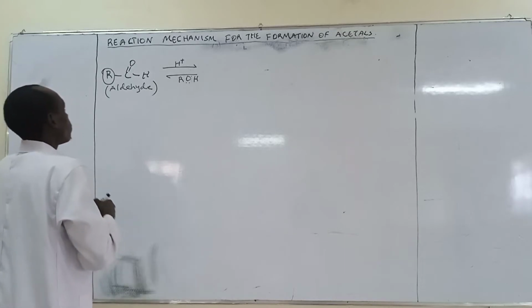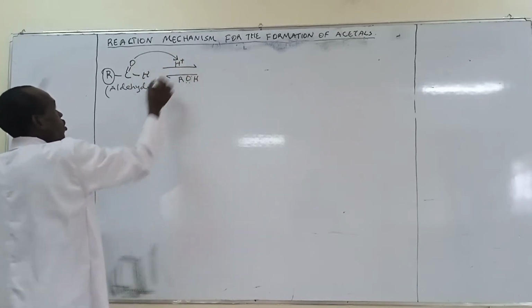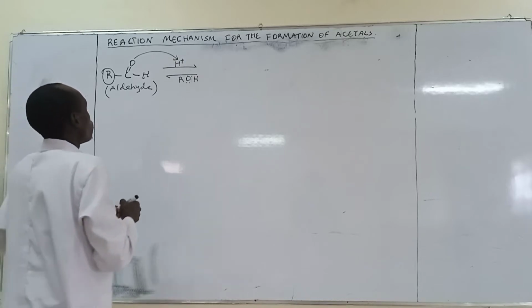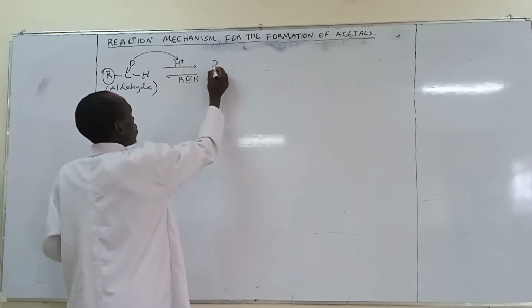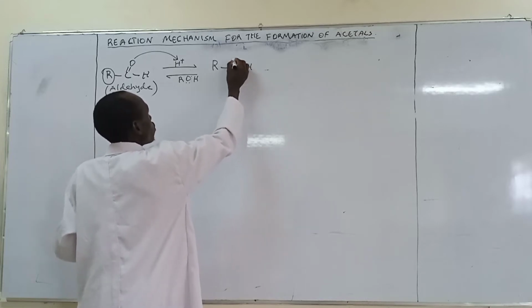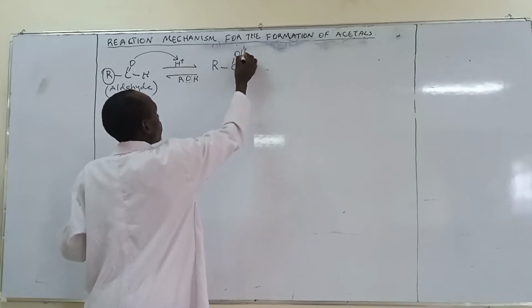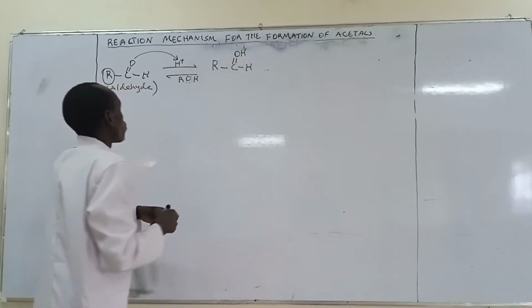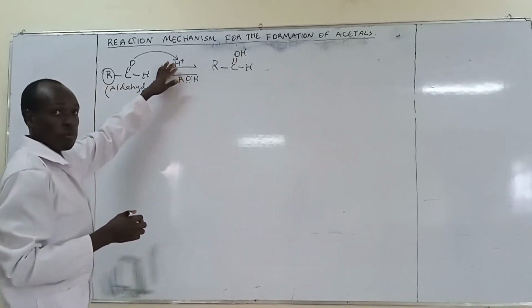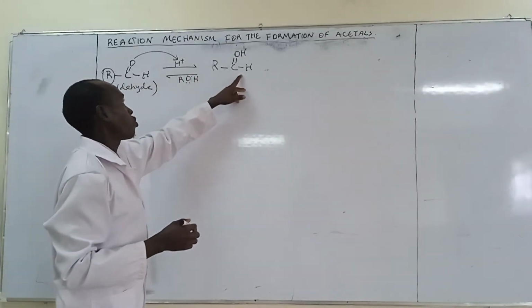Now, we shall have this oxygen picking up a hydrogen ion, so that they form CH double bonded O with H. So after picking up hydrogen, this new compound is going to be formed.